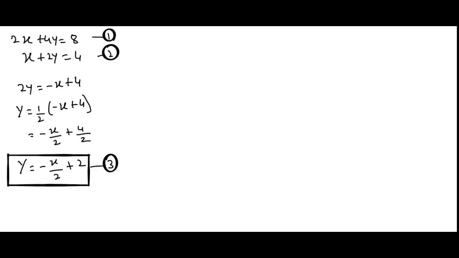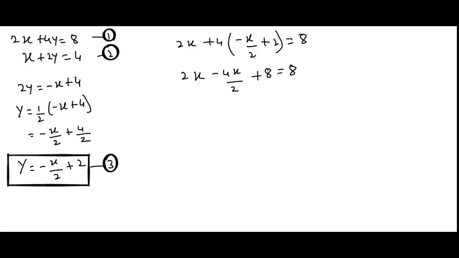Now put this equation number 3 in equation number 1. We get 2x plus 4 times minus x over 2 plus 2 is equal to 8. So 2x minus 4x over 2 plus 8 is equal to 8.